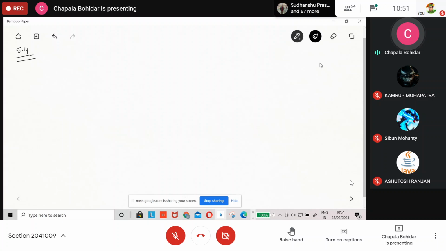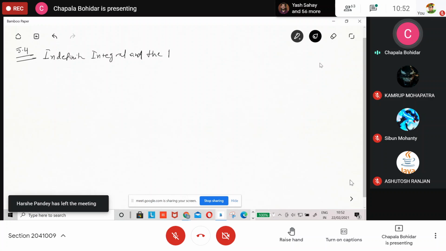Very easy one that you know very well. All of you know the indefinite integral and the net change theorem.